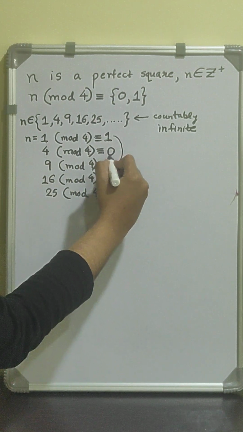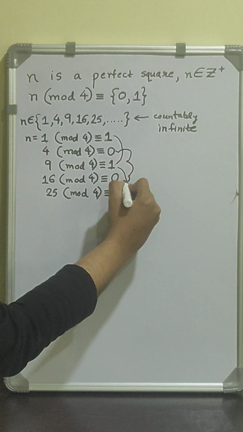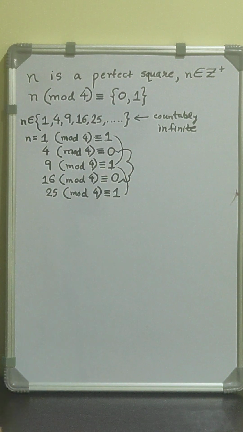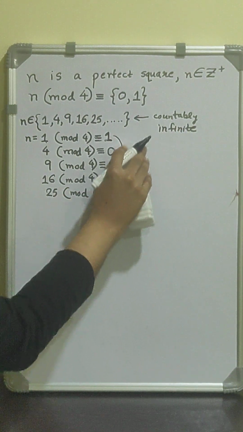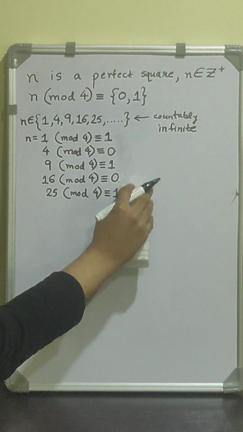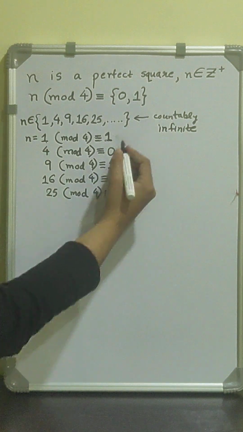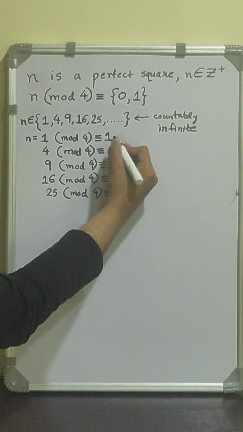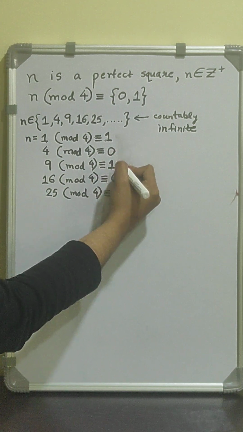So these are the ones and these are the zeros. Ones and zeros alternating gives us an idea that whenever something's alternating with a frequency of 2, it repeats itself for every 2 instances of numbers.